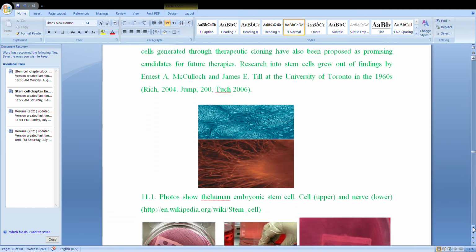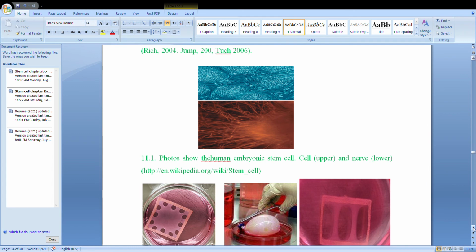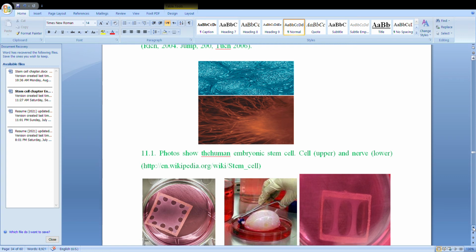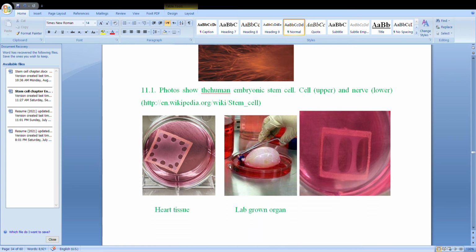So any kind of parts of plants, animals and the human body can be used for cell culture. Here is an image of some lab-grown cell culture.